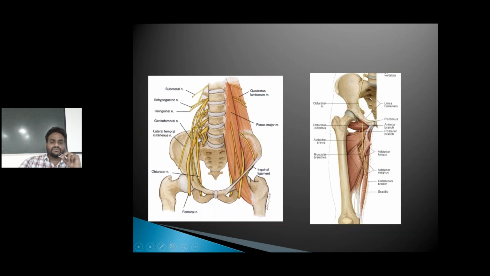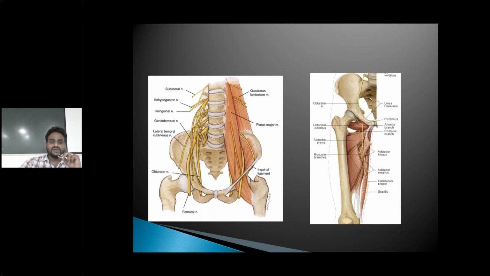So the course: along the lateral pelvic wall, first point. Second point, within the obturator canal. Third, in between the muscles of the medial compartment of thigh. This is the course, only 3 points.